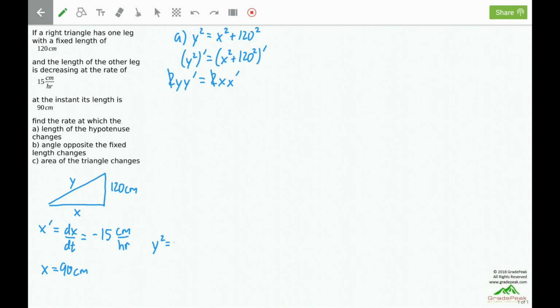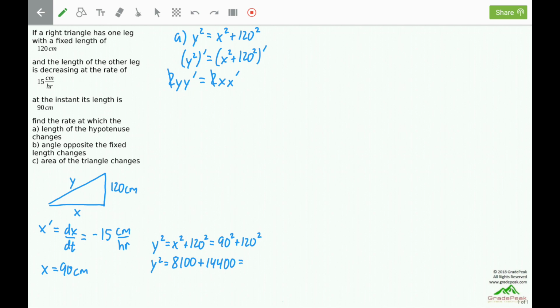So y squared, which equals x squared plus 120 squared, will equal, with x being 90, 90 squared plus 120 squared. 90 squared is 9 squared, which is 81, and then the square and the 0 makes 2 zeros. 120 squared is 12 squared, which is 144, and then the square and the 0 makes 2 zeros.